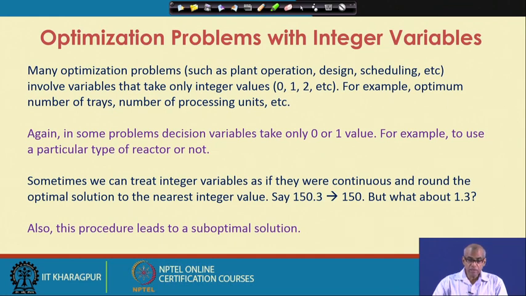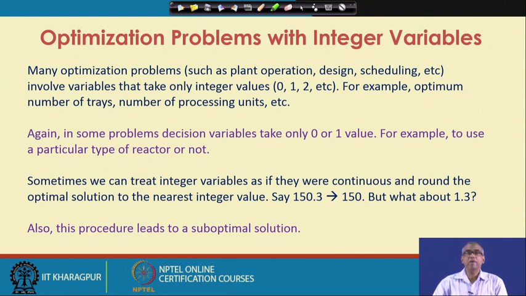Sometimes we can treat integer variables as if they are continuous and round the optimal solution to the nearest integer value. This perhaps will give you a practical solution when the values of such variables are large.